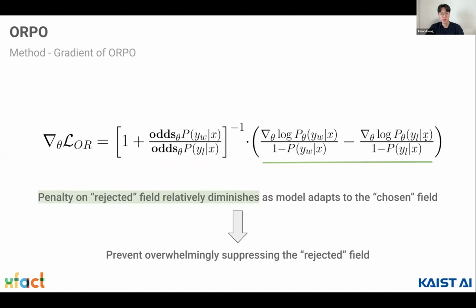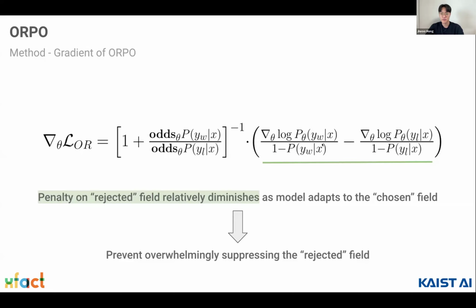So by having the right side part here, the gradient for the rejected responses, we can understand this as giving a penalty to the model for generating the rejected responses. However, if we give the same amount of penalty throughout the whole training, then the log probability assigned to the rejected responses usually gets too large, so it is overfitted to the training dataset.